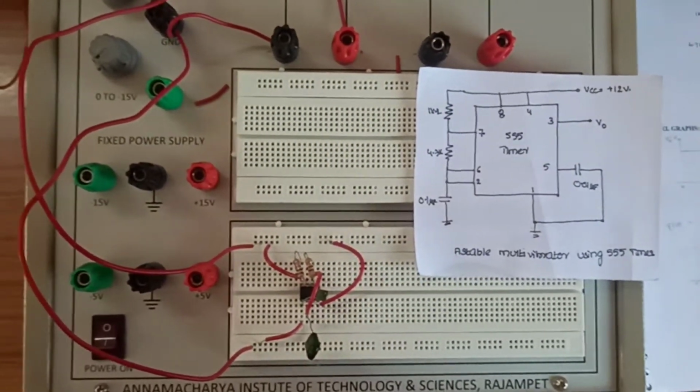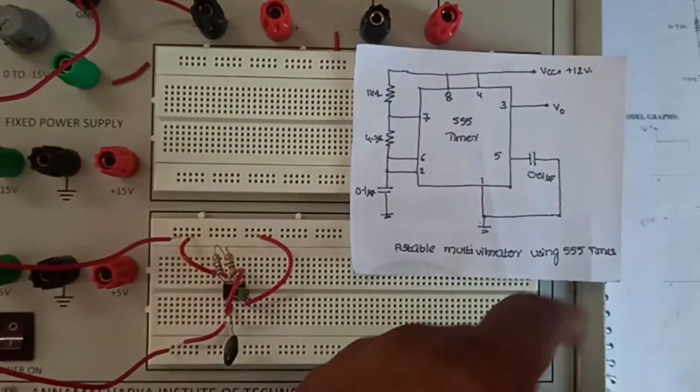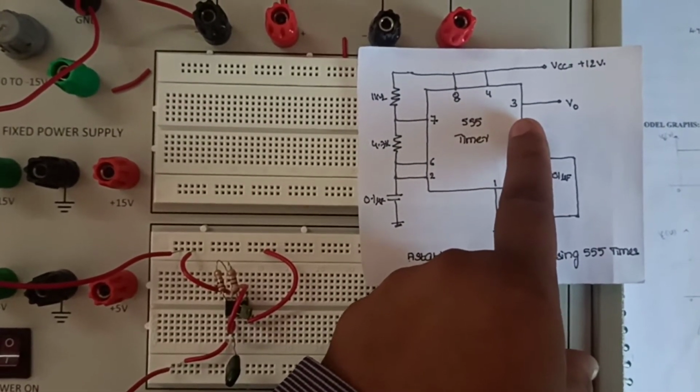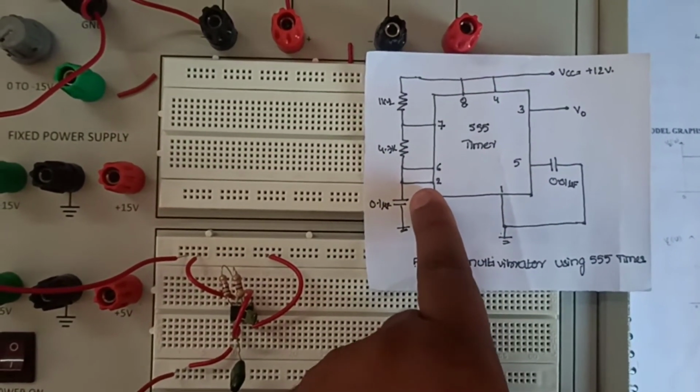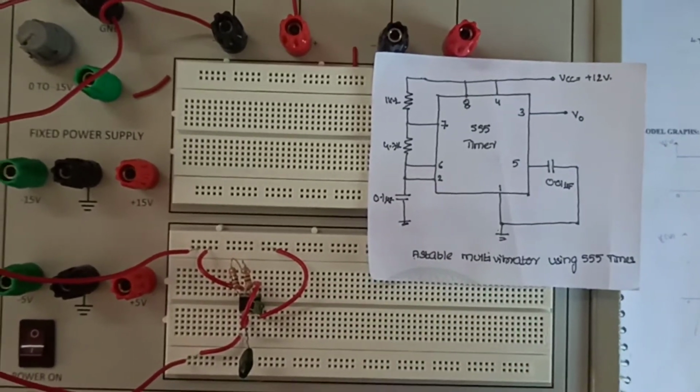Now to observe the output we require a CRO. So let us connect the CRO at pin 3 of the IC, and we can also observe the output across the capacitor which is at pin 2. Let's do the connections and check.